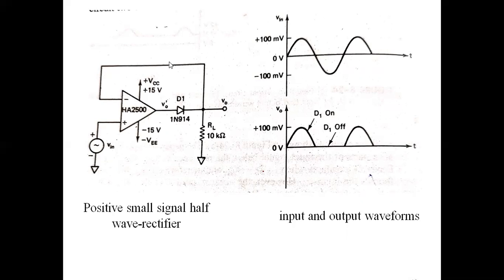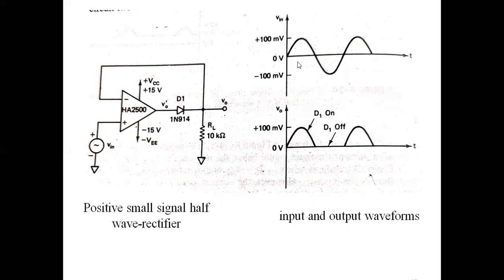Hence in the positive half cycle it rectifies the signal, and diode D1 is on during the positive half cycle.